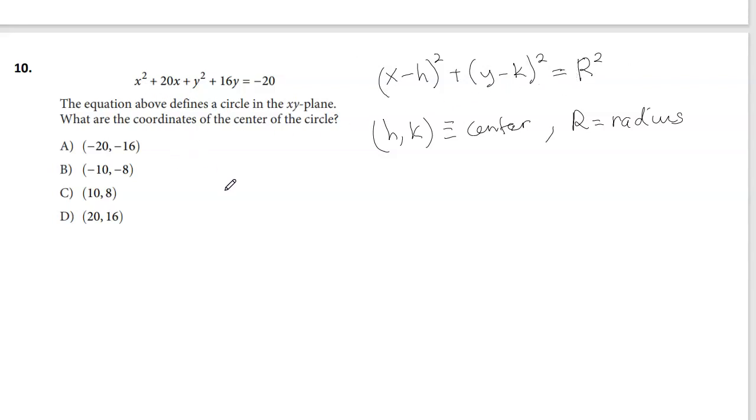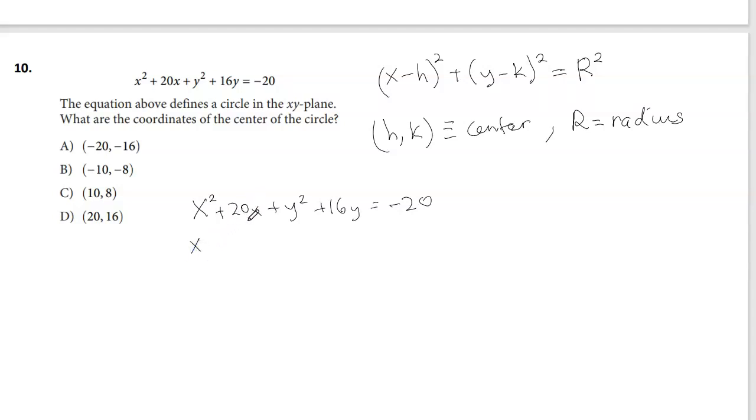So let me write this whole thing out. It's equal to minus 20, right? So we pick the x pairs or x items, right? So I write this as x.